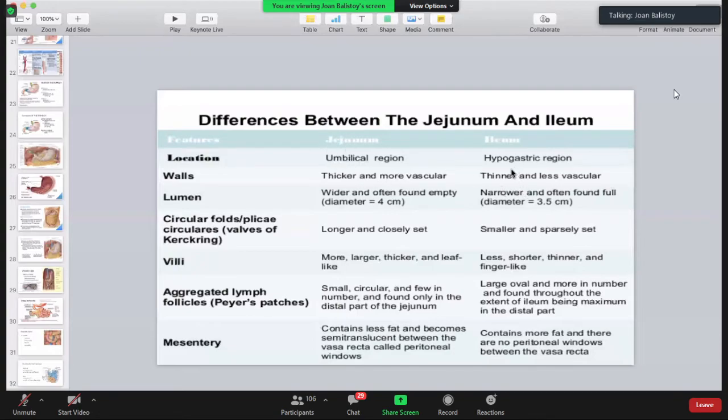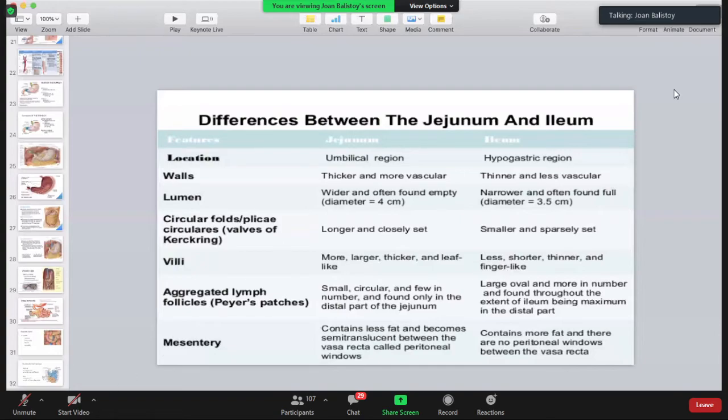It's only found in the ileum. The mesentery of the jejunum contains less fat and is somewhat semi-translucent. The vasa recta called the peritoneal windows. While in the ileum, there are no peritoneal windows between vasa recta.